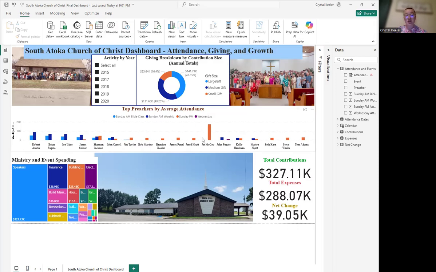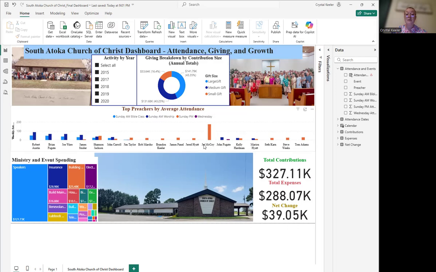And I got to looking at it, this Jet McCoy. I'm like, who is Jet McCoy? Well, I got to looking at all of the events. Jet McCoy is a famous rodeo cowboy down here in southeastern Oklahoma. He hosts lots and lots of rodeos.